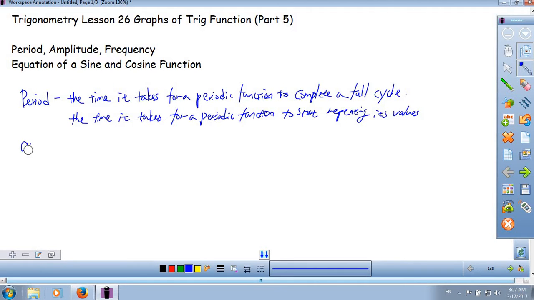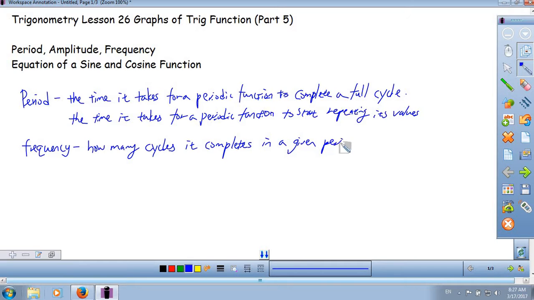Now period and frequency are very much related. In fact, their relationship is a reciprocal relationship, because period is the time it takes to complete a cycle. Frequency is how many cycles it completes in a given period of time.